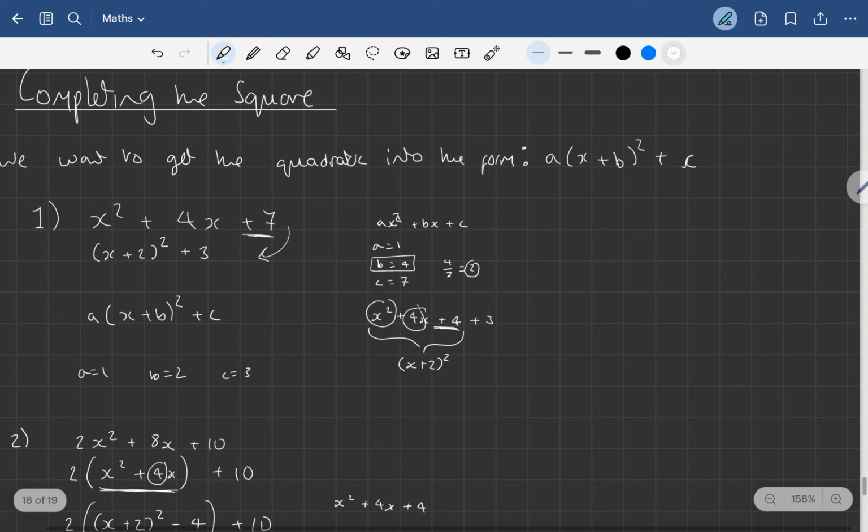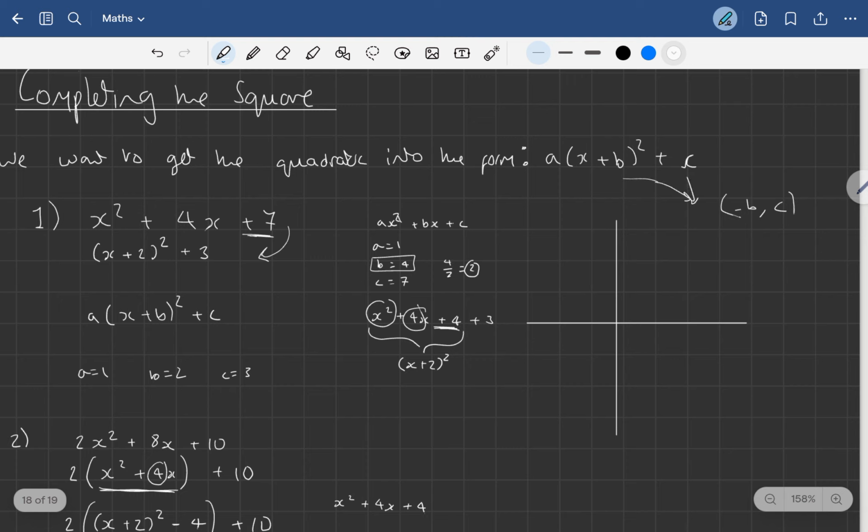What does this tell us about the quadratic curve? Let me draw a set of axes. So we have (x plus 2) squared plus 3. And we know that the starting point would be negative b, comma c from here.